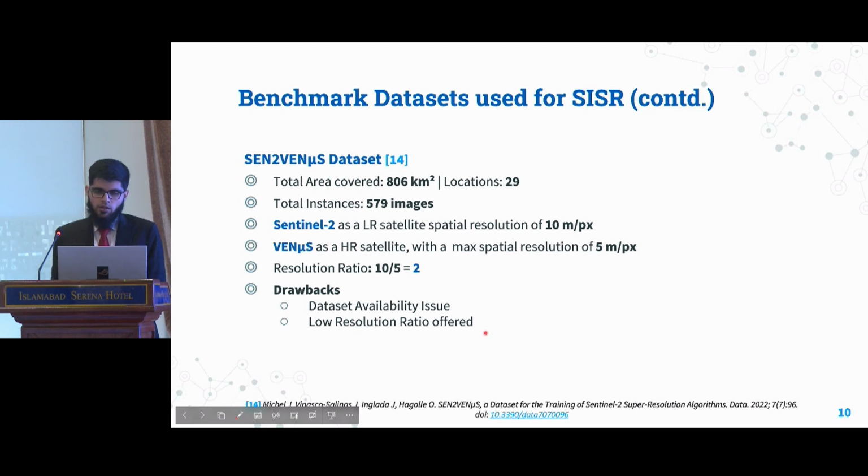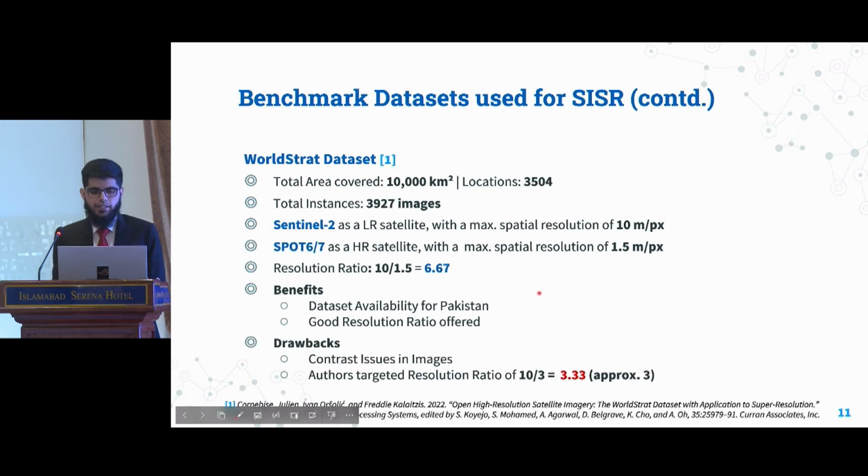Another dataset is WorldStrat, which covered 10,000 square kilometers of area, and it has a total of around 400 images. It also utilized the Sentinel-2 satellite as a low resolution satellite with a maximum spatial resolution of 10 meters per pixel. But the high resolution satellite here is SPOT 6/7, which offers a maximum spatial resolution of 1.5 meters per pixel.